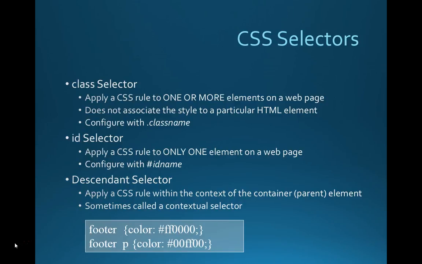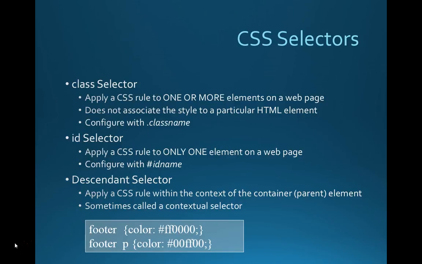And I want to apply that to 4 out of the 5 paragraphs on my page. Because I'm reusing that style, I need to use a class. It's basically a way to organize styles. It's a management function.